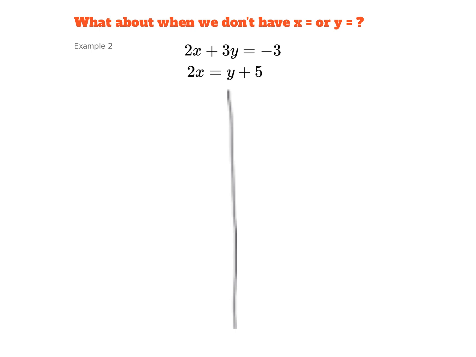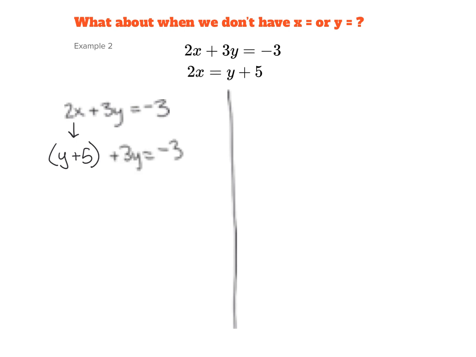Because we have to substitute in for more than just the variable, and it looks a little weird, right? So in my first equation here, I see 2x plus 3y is equal to negative 3. And in my second one, I know that 2x itself is equal to y plus 5. So what I can do is take this entire 2x here and substitute in y plus 5 because I know that 2x in the other equation was equal to y plus 5.